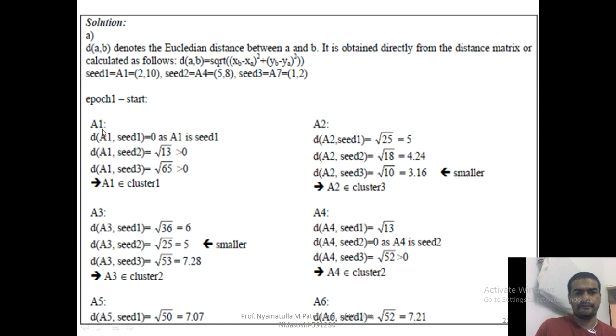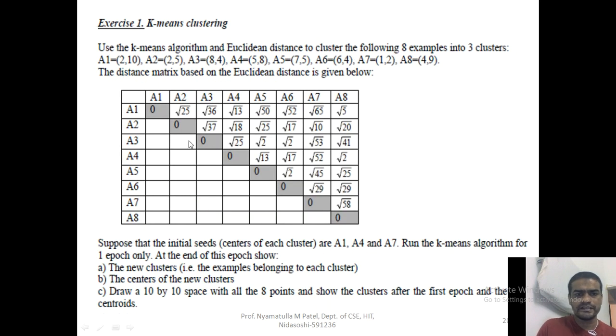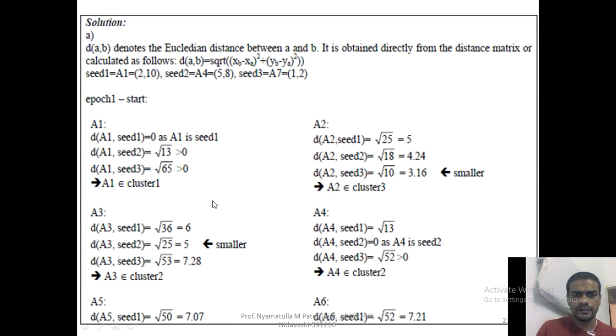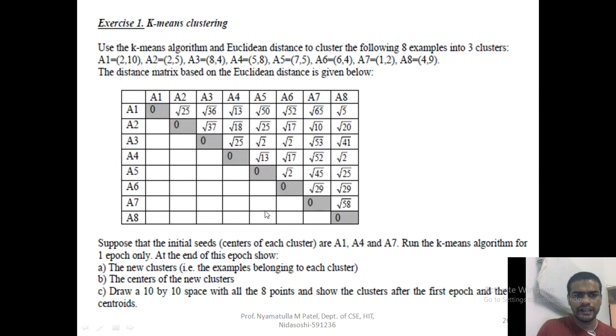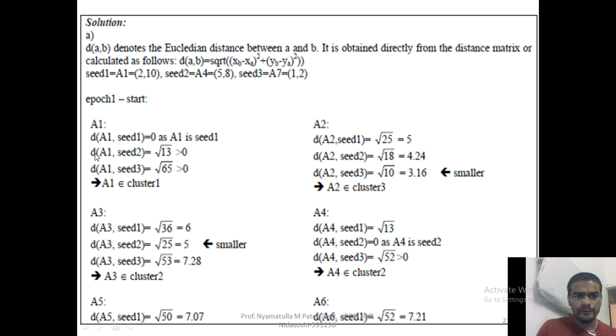Take A1. Seed 1 is A1. What is the distance from A1 to A1? It is 0. As A1 is a seed, then A1 to seed 2, which is A4: that is root 13, which is greater than 0.